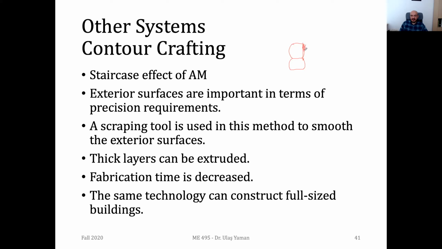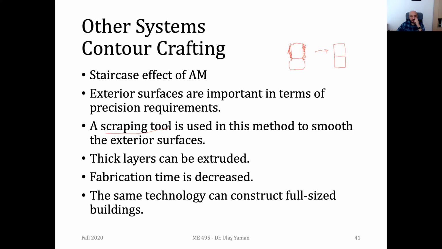So this part is removed, and the other part will be removed. And at the end, you have a perfect extruded material. And this is done with the help of this scraping tool.